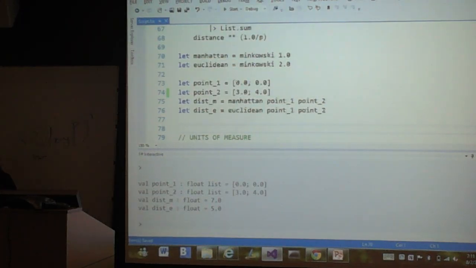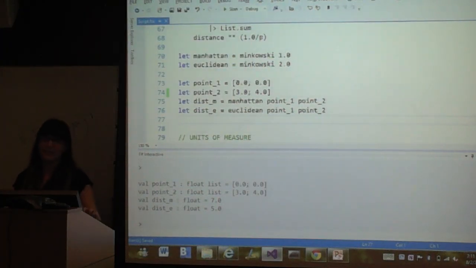Awesome. If variables are immutable, how come you were able to just reassign that? Which one? Because you changed point 2 from 1, 1 to 3, 4. It's the interactive window. You can sort of redefine stuff because it's an ongoing process.